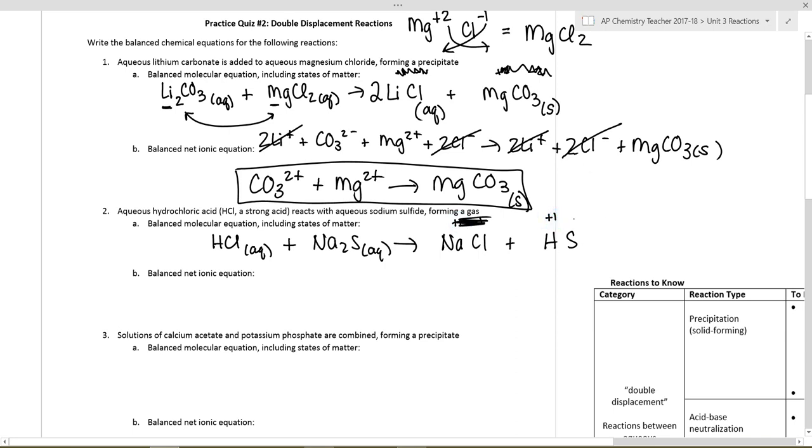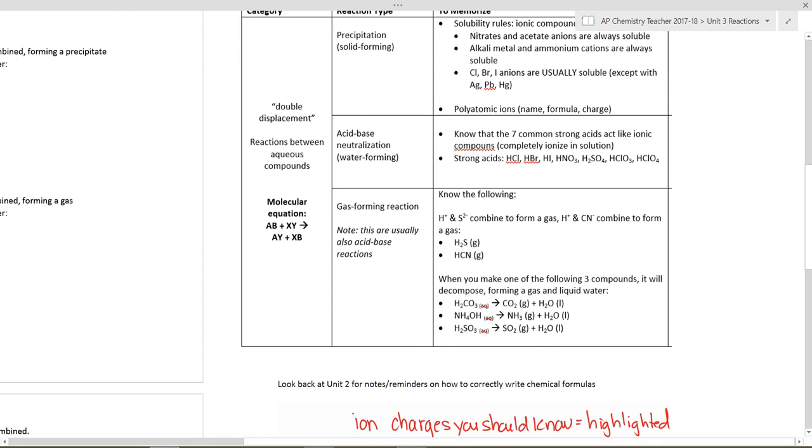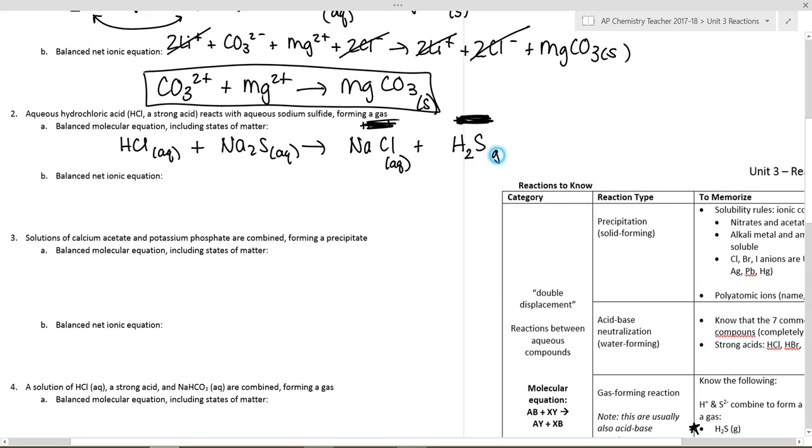H is +1, S is -2, so I need to put a 2 right there. Okay, now let's look at states of matter. So sodium chloride, it's an alkali metal compound, so it's going to be aq. And then H2S, this is something you want to spot from your table here of reactions to know. When you see H2S, this is one of the gases that forms. So H2S is actually a gas.